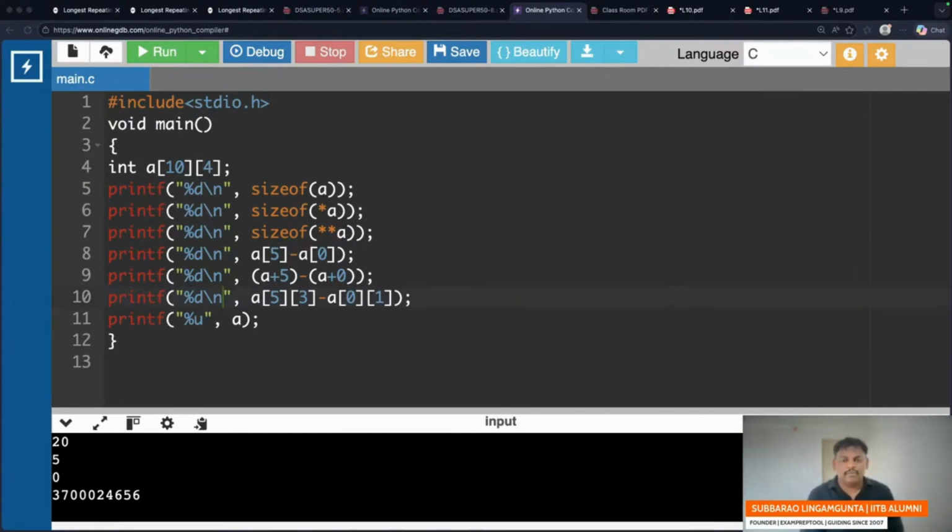Be careful. Is the sixth printf data or not?